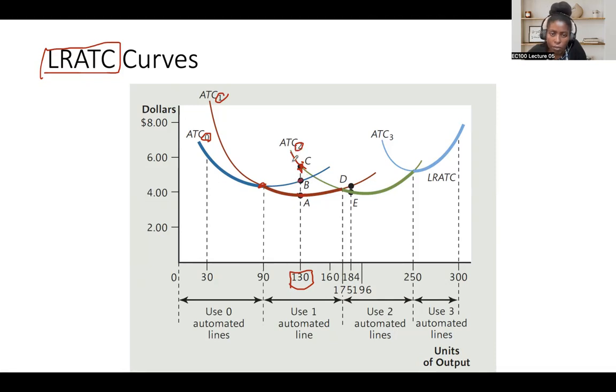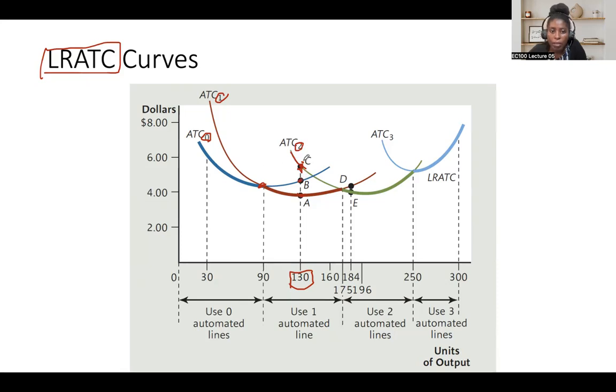This one, this is the green one, right? The blue one, point B, this is point C. Point B will also give you 130 car washes. This is if you invest in only laborers. The blue is only laborers and 0 automated lines. So everything is manual. This will still give you, okay?